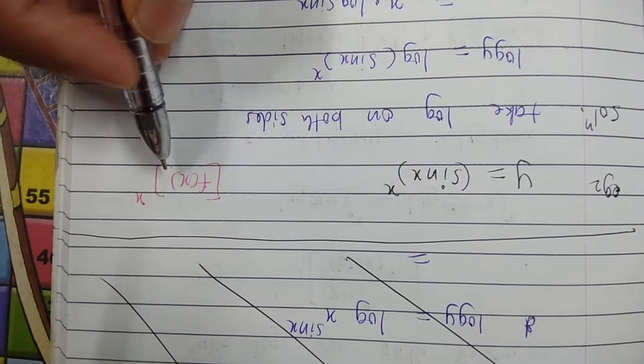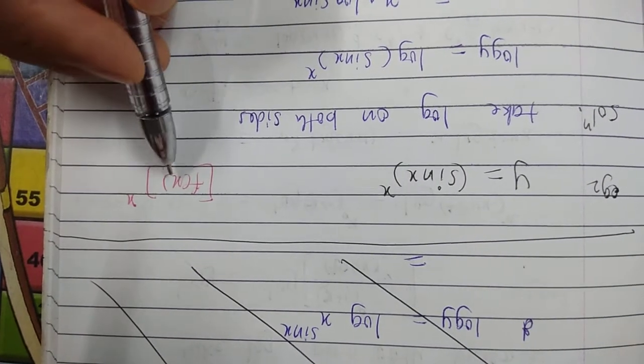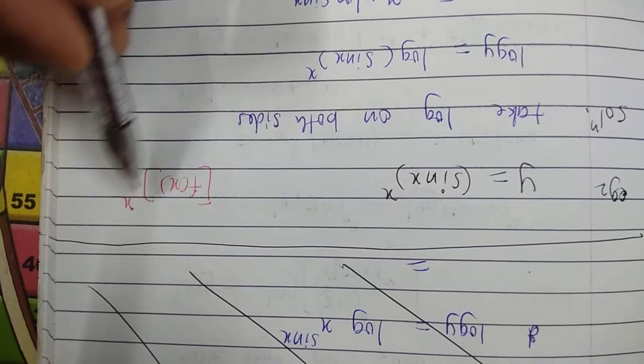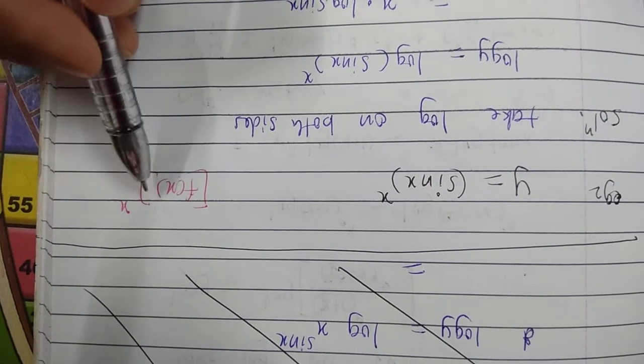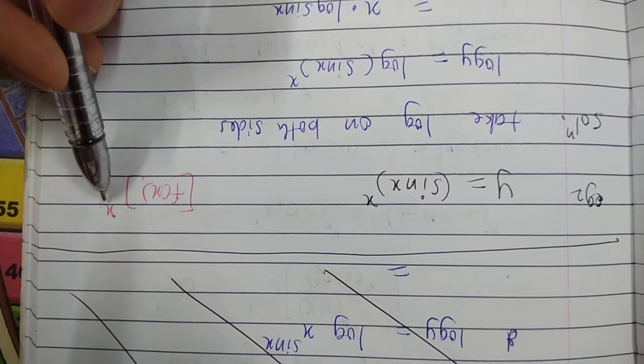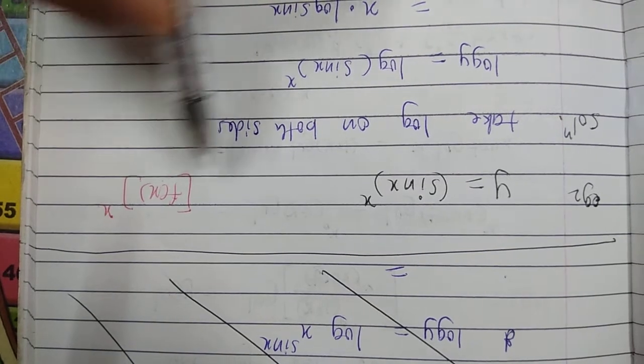So here also you should note that for all such problems where in the base as well as in the power there are functions of x, it may be only x or maybe a function of x, you have to take log on both sides, and similarly you have to differentiate like our previous example.